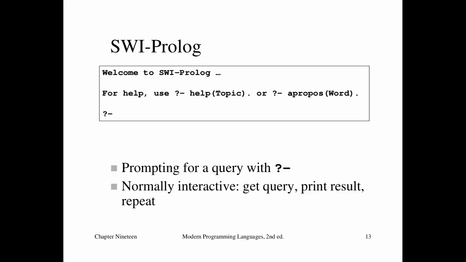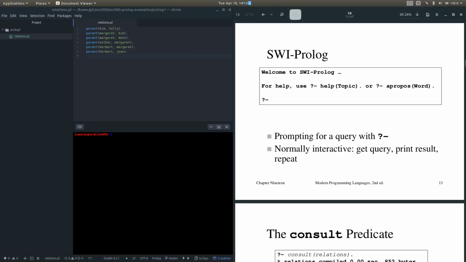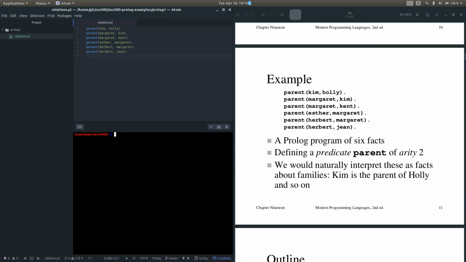So if we run Prolog, I hope that everyone followed the online site and downloaded and installed SWI Prolog for their system and got up and running. What we're going to do is work with that right now. I already have Atom up and running, and I've also put the relations that we saw earlier into a relations.pl file.